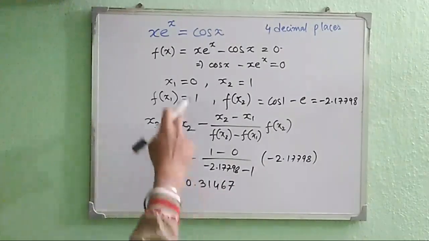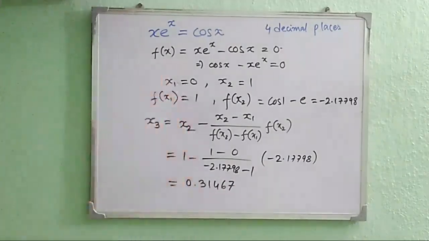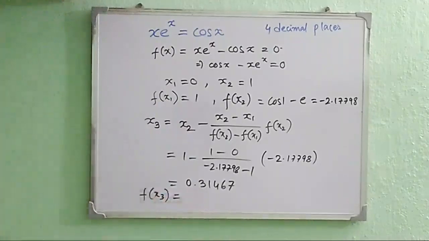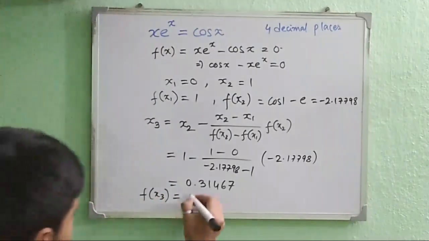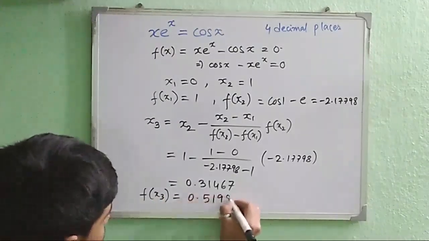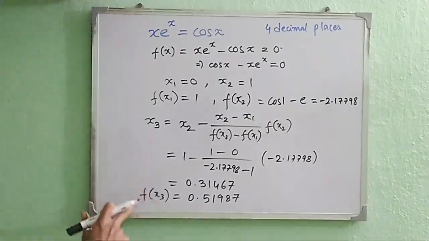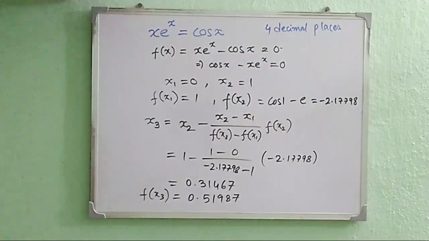Now putting this value in f(x), we get f of x3 equal to 0.51987. Using x3 and f of x3, we will calculate x4 and f of x4.